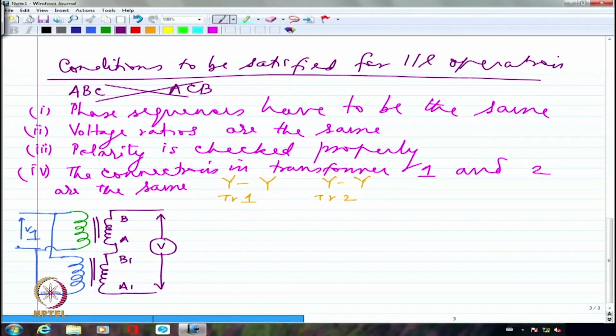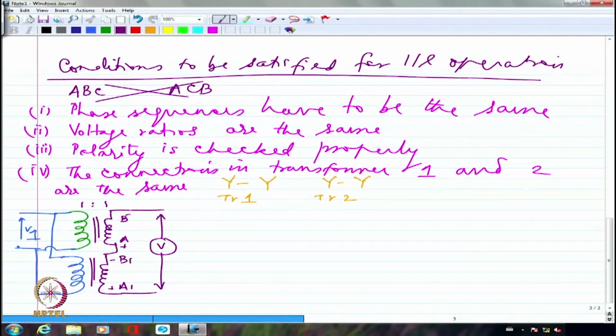And if I assume that it is a 1:1 transformer, if I am connecting V1 here, voltage applied is V1, and what is coming out on the voltmeter is 2V1, that means they are in series addition. If they are in series addition, I am going to have plus here, minus here, maybe plus here, minus here.